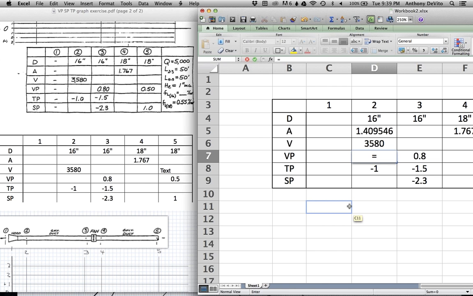It's going to be the square root of the velocity divided by 4,005. Am I right there, or did I reverse the formula? Oh, I have to square it. Hang on a second, I got this wrong. Let me do it this way.